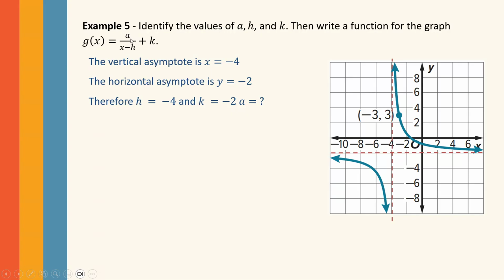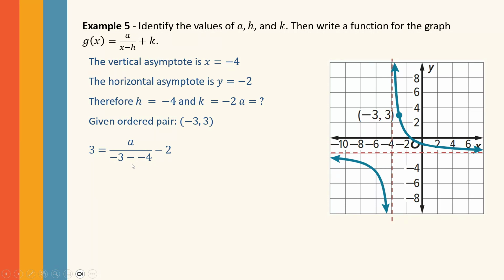However, we don't know the value of a. Since we know it goes through the point -3, -3, we can substitute -3 for x and +3 for y. We can substitute -4 for h, -2 for k, and then we'll be able to solve for a. So we have 3 equals a over -3 minus -4, and -2.